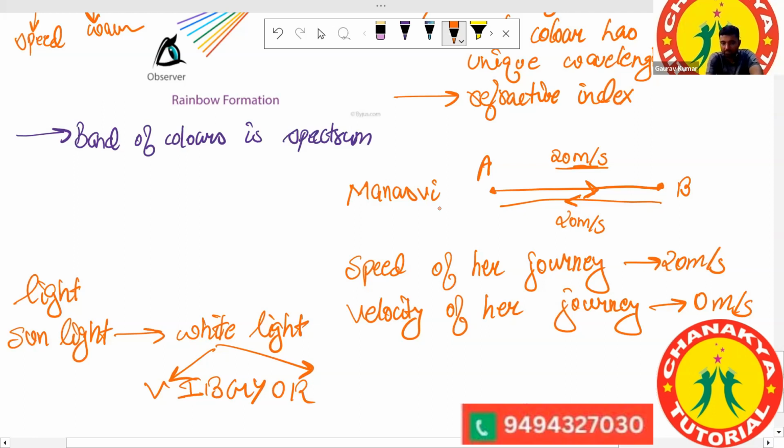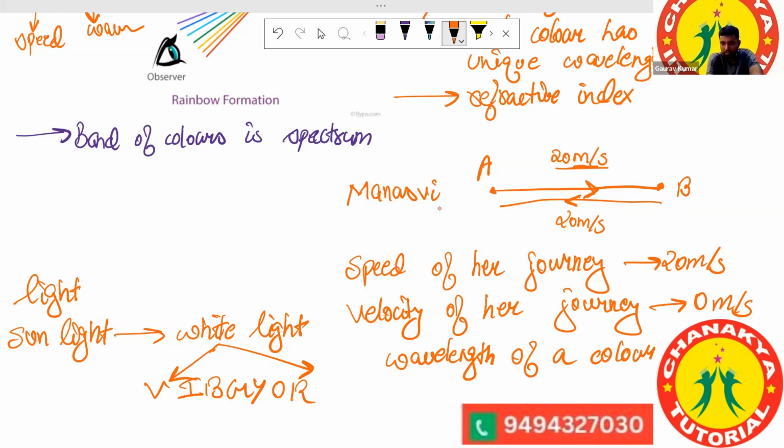This white light is made up of 7 colors. These colors, the wavelength of a color depends upon the refractive index.